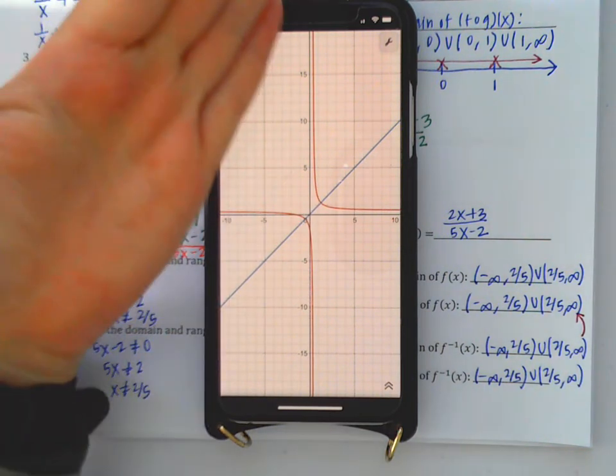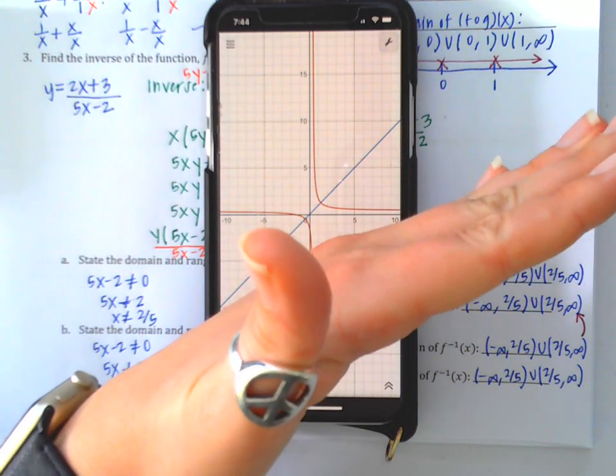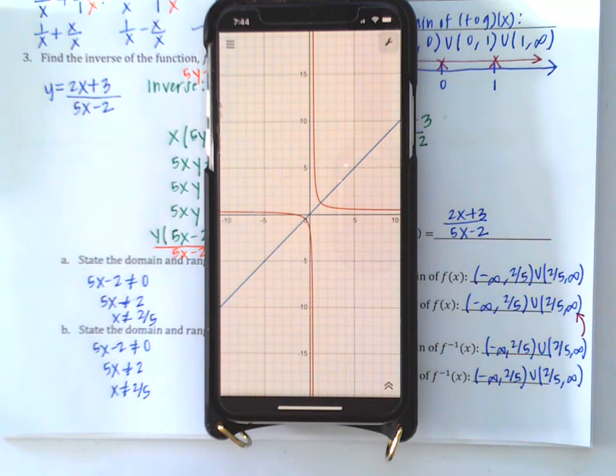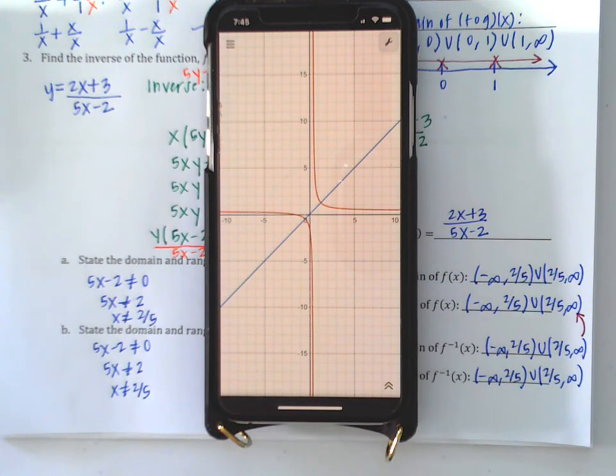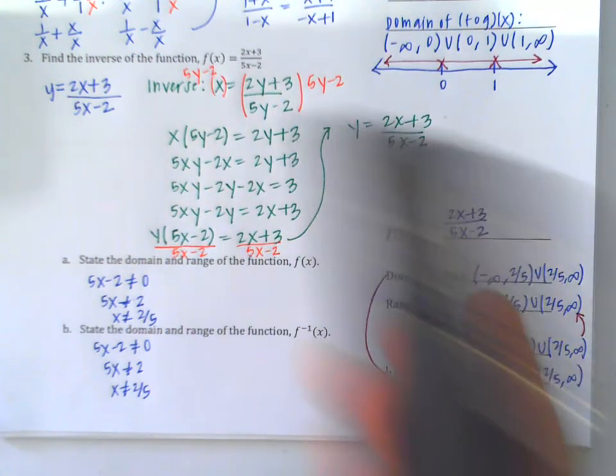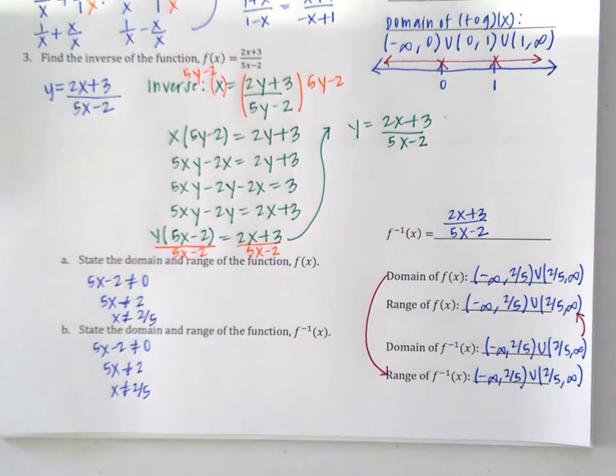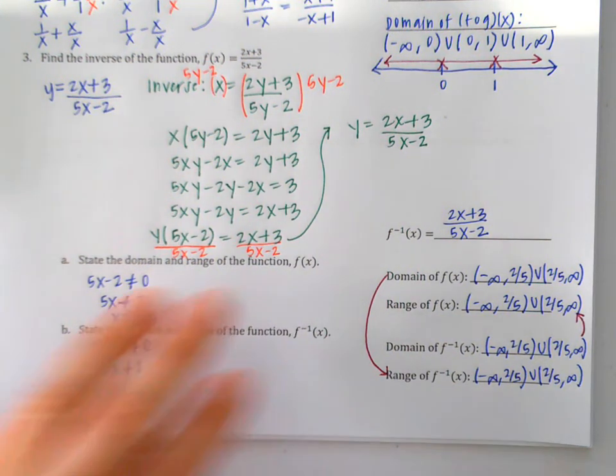So if I were to fold it along that line, it would already line up. And so that's why the inverse and the original function are the exact same thing, because they are already reflective across the line y equals x. So I don't know, maybe that's a good conversation starter for that one.